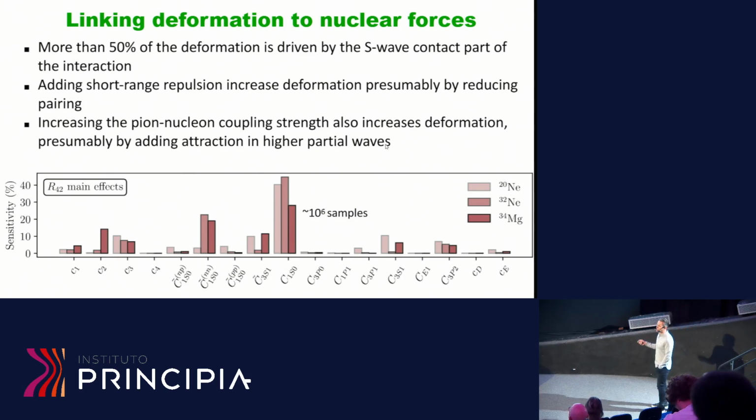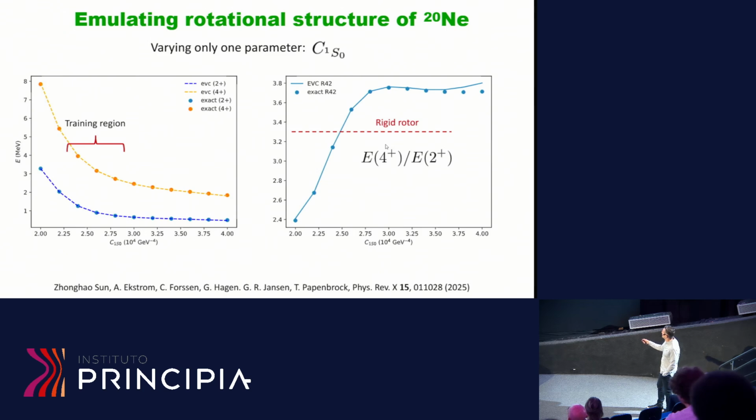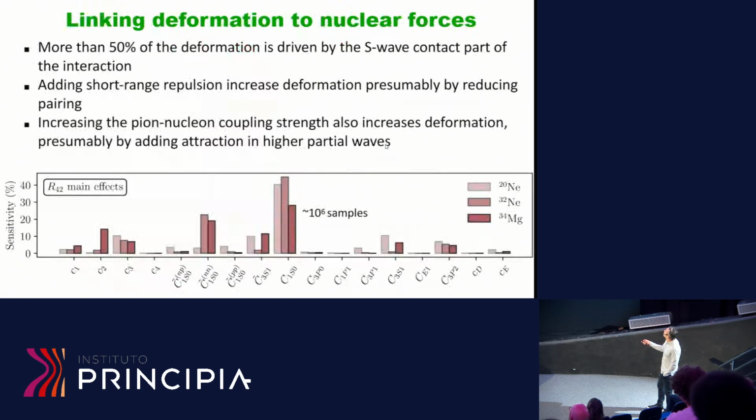So we tried to have some interpretation of this, right? So we see that 50% of deformation is driven by the singlet S contact. And presumably it is adding the short-range repulsion here, as we also saw in this figure here, right? So this basically this parameter, presumably by reducing the pairing effects, increases deformation effects.